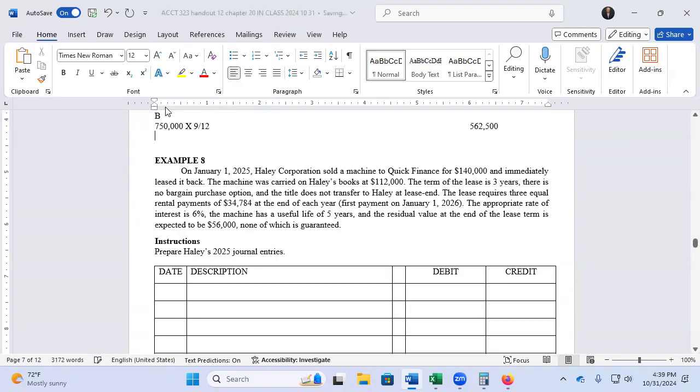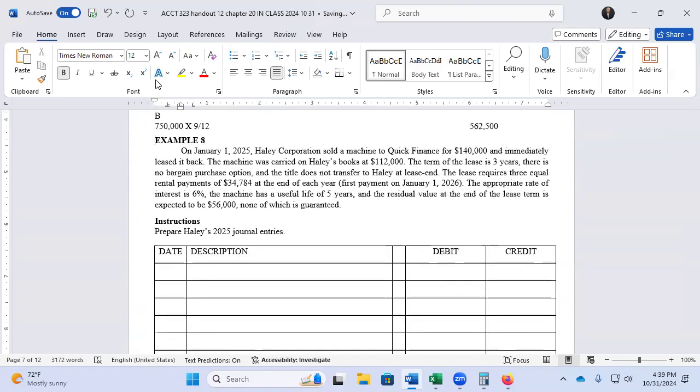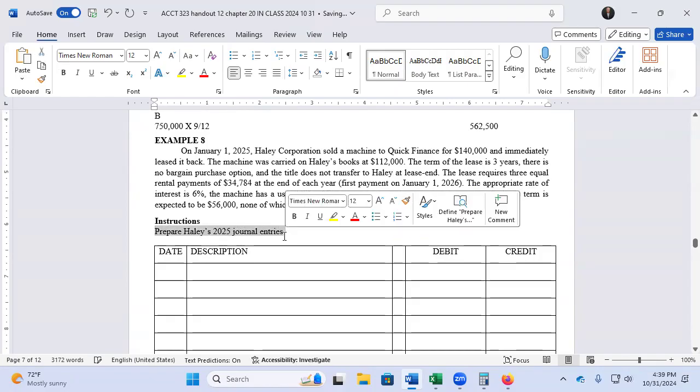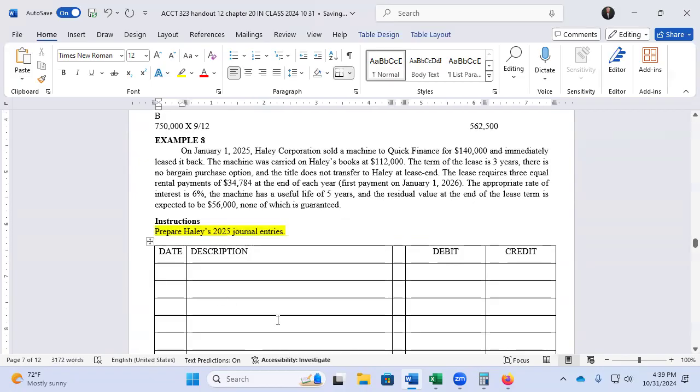Okay, let's take a look at example 8. Okay. So this happens when sometimes companies need cash.